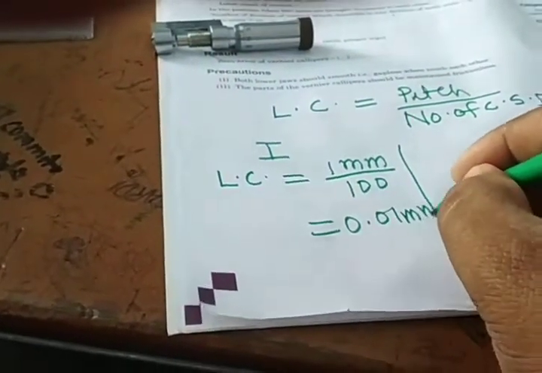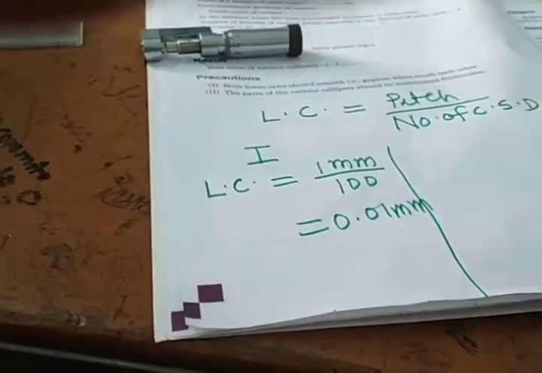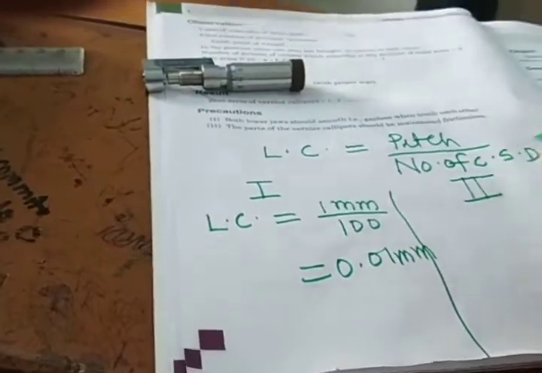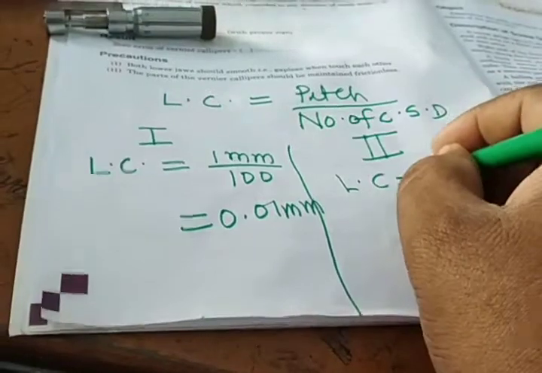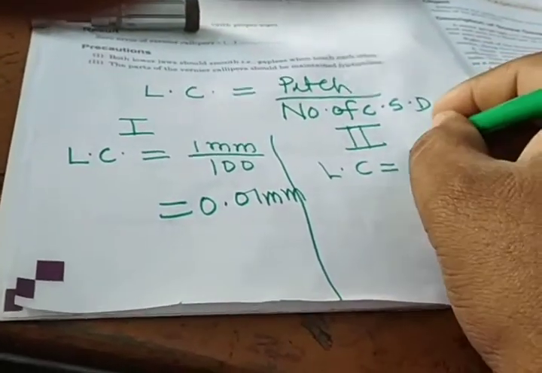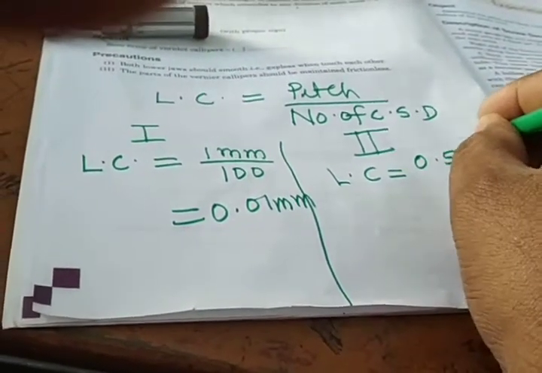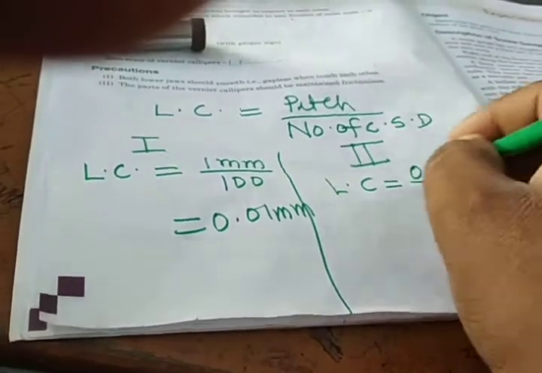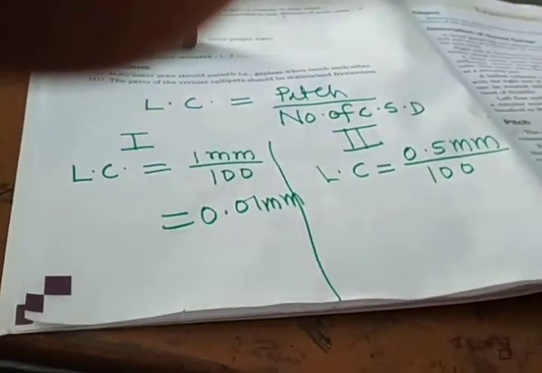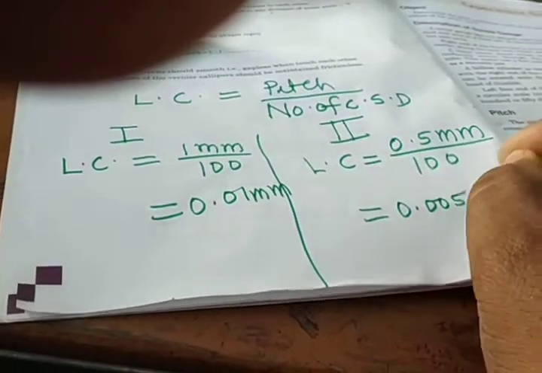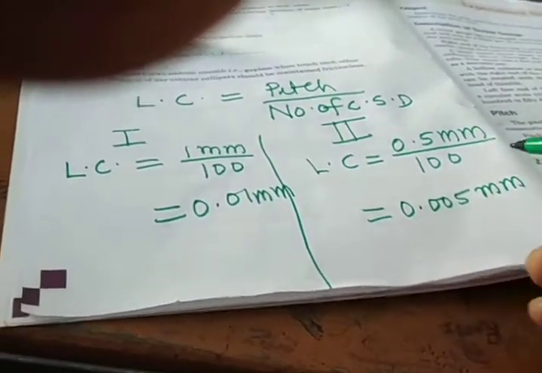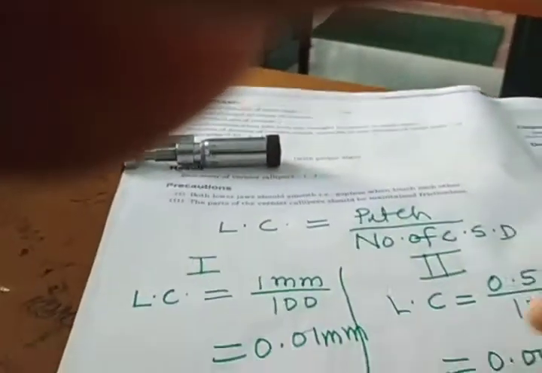Now in the second case, the pitch was 1/2 mm, that is 0.5 mm, and the divisions on the circular scale are still 100, so it is 0.005 mm. It is clear. Here the least count is smaller.